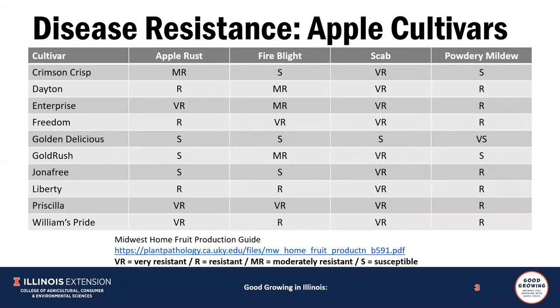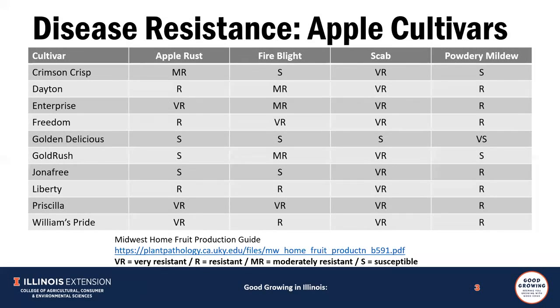So this is a table of disease resistance for apple cultivars. And so your susceptibility is going to dictate possibly how many diseases you may find in your fruit. The more resistant a particular cultivar is, the less chance that you're going to have the particular disease that it's resistant to. And so there's a multitude of diseases here in the Midwest.